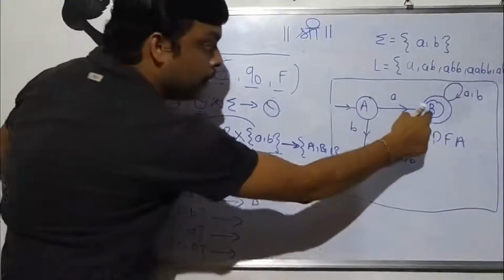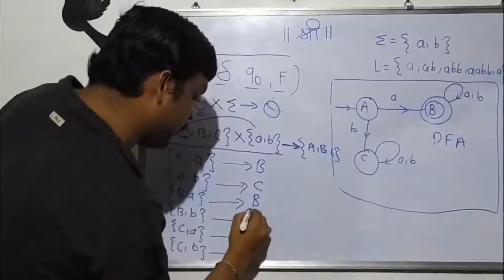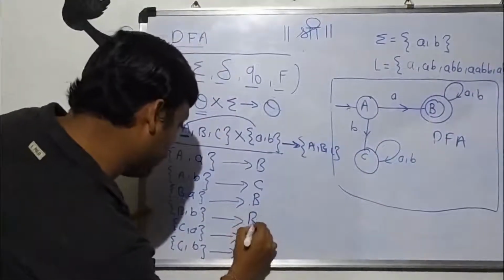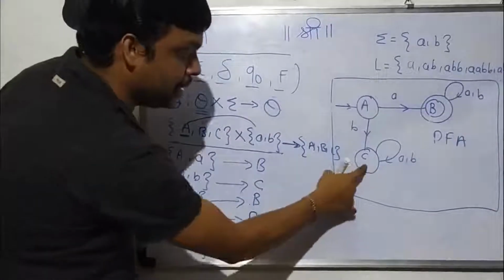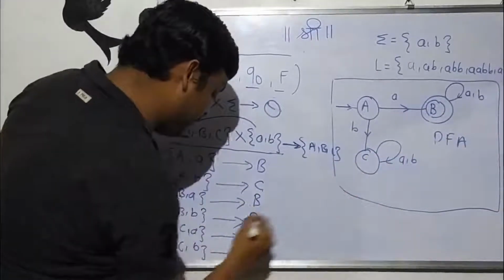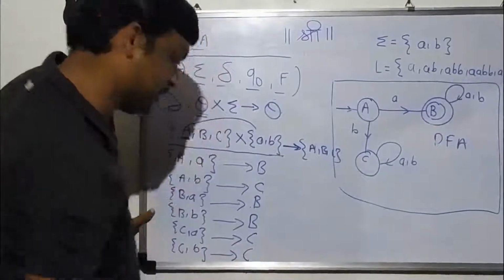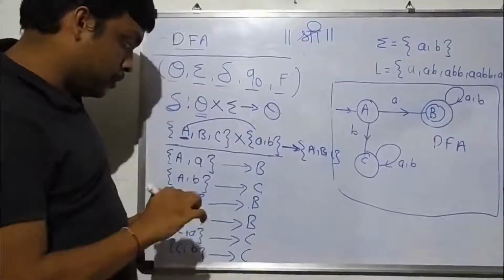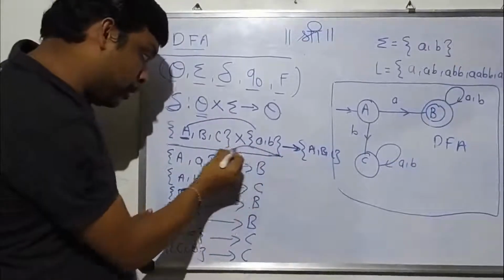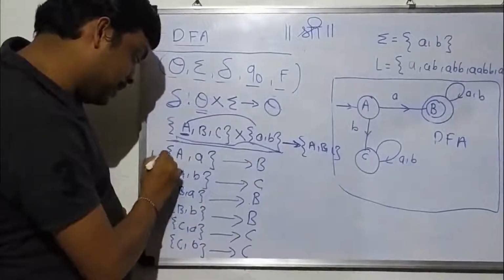Whenever you are in B and observe small b, you will be in B itself. Similarly, whenever you are in C, observing a, you will be in C, and observing b, you will be in C. So this particular part is nothing but the left side.